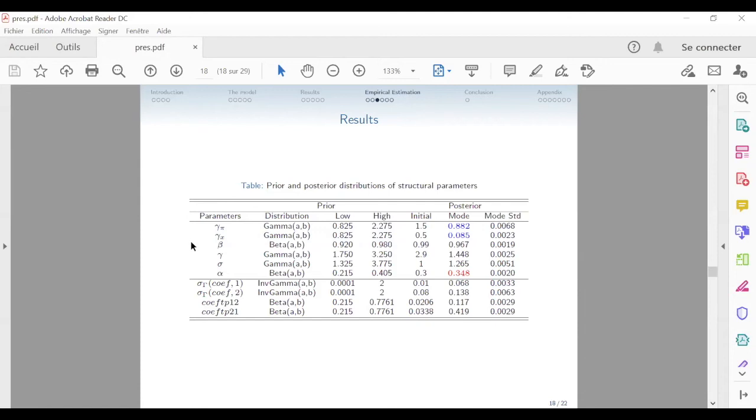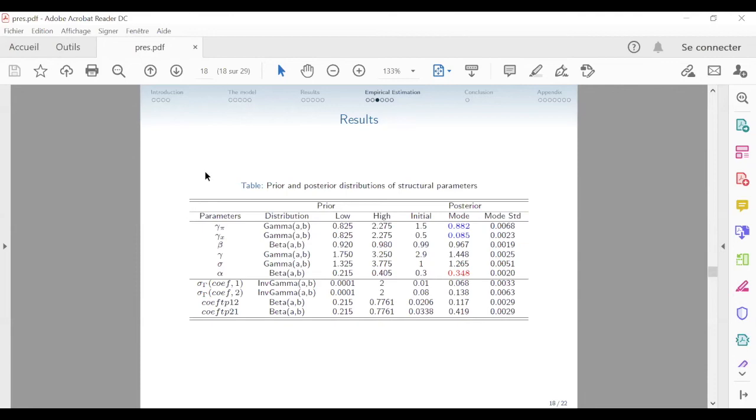But what's interesting here are the parameters we estimated. First, gamma_pi and gamma_x are the parameters of the monetary policy. Clearly here, the Taylor principle is not respected, but it makes sense for inflation, because the central bank should also react to expected inflation and probably other variables. That's why it's so low here.